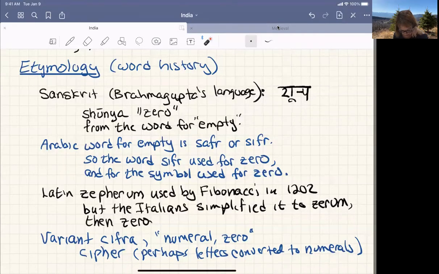And then that became cipher, perhaps referring to letters converted to numerals. So the bottom line is that from this, we get both zero and cipher, and sometimes our word cipher does mean zero.